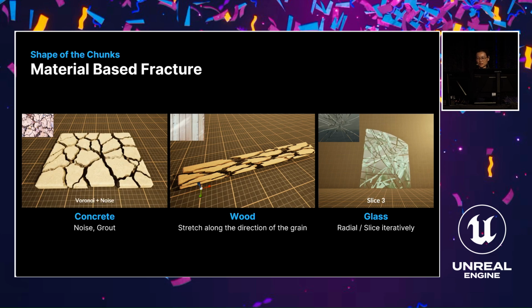As for glass, some of you may know we have a radial fracture. It really fits glass, but often in games, we usually don't know the impact position beforehand. And in my practice, performing multiple slices iteratively also creates sharp edges or sharp angles, which also looks like glass.